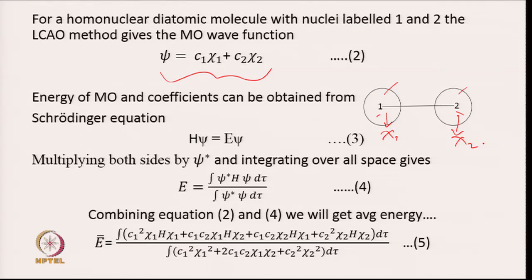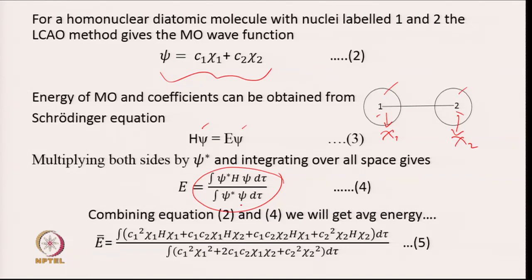Now we can go ahead and calculate the energy of the molecular orbitals. The energy is given by H psi equals E psi, and if you multiply this by psi star, integrate, and divide by the integral of psi star psi d tau, you get the energy. This is the well-known variation theorem.